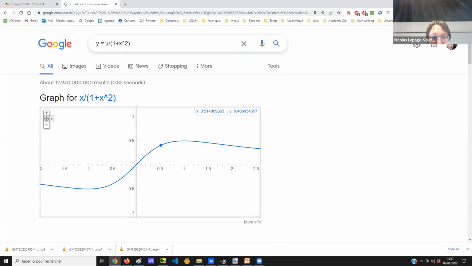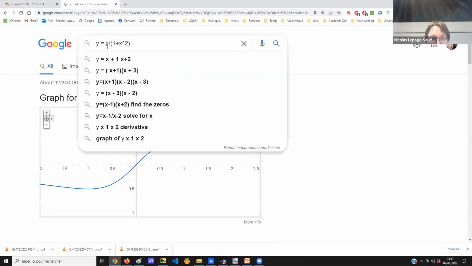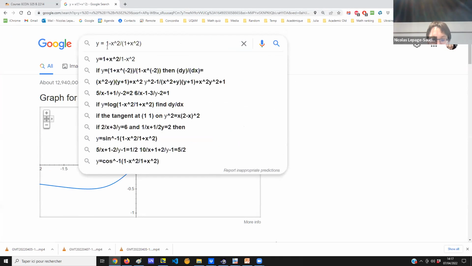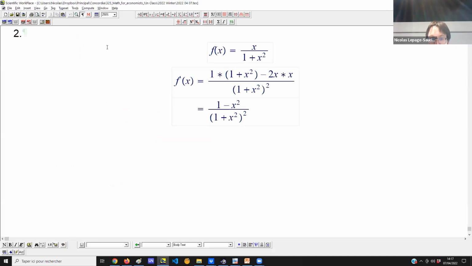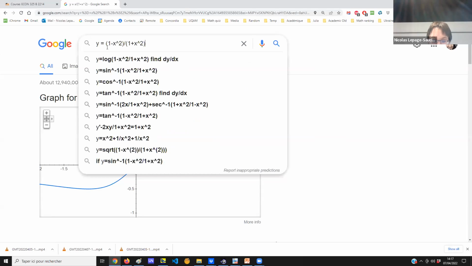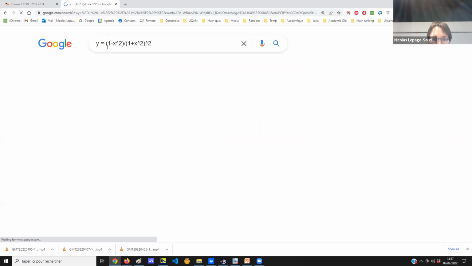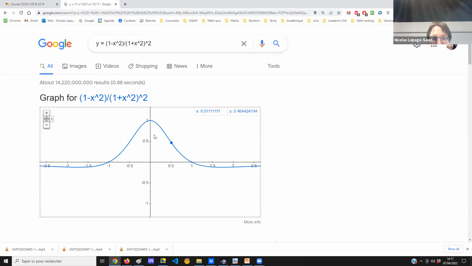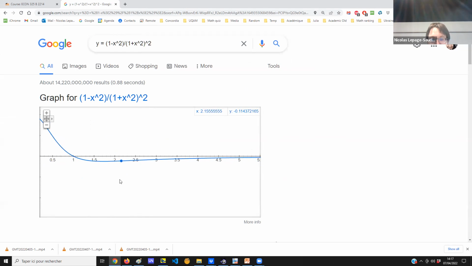So it's 1 minus x squared, divided by the same thing, but oh, now he's thinking a bit longer. All right. Oh, that's pretty. Wow, I didn't think I would get that. Yeah, it's asymptote.